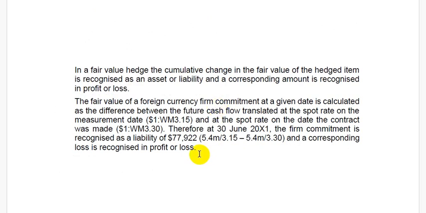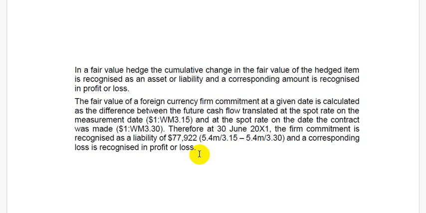So we translate the 5.4 at the spot rate 3.3, which gives us 1.64 million US dollars rounded off.